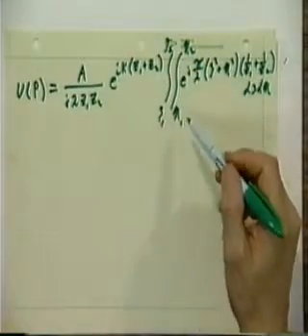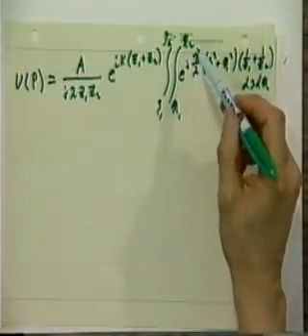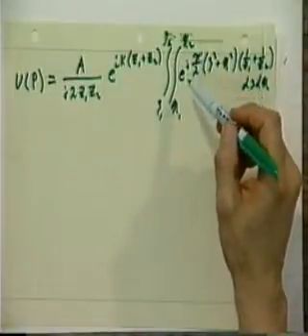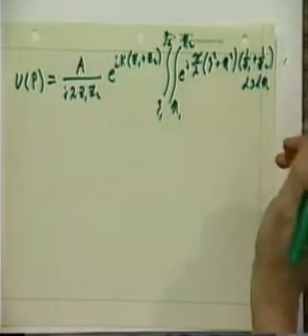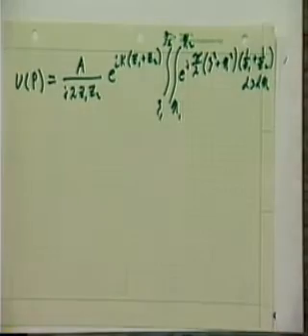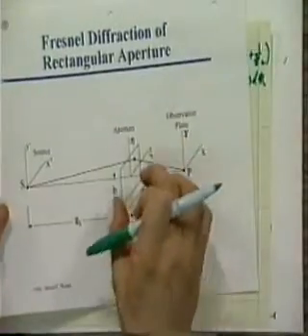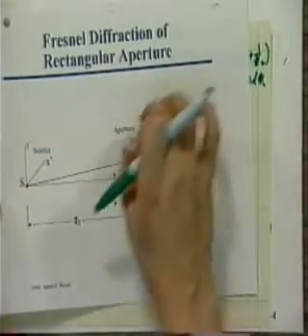So I don't know just what these are, but when I plug in that the size of the aperture is A and B, width A, height B, some way we're going to calculate what these limits are. And so that would take care of the pupil function. And as we go through this, remember what we're doing. The size of this aperture is fixed, but we're going to move this aperture around here.